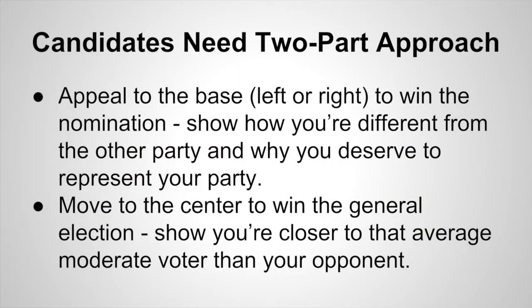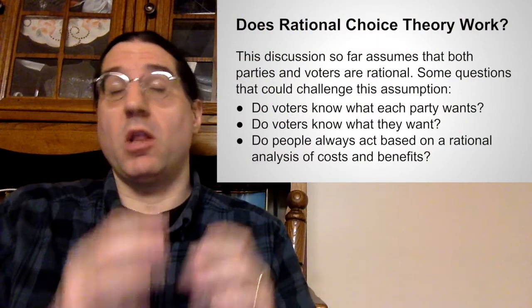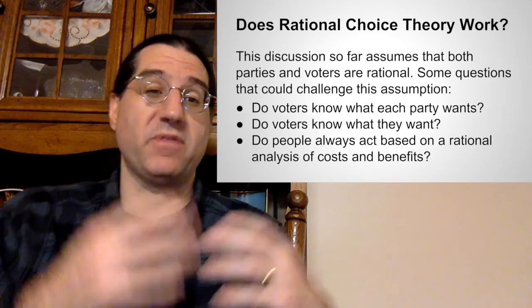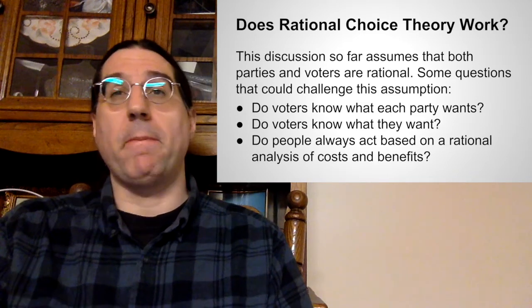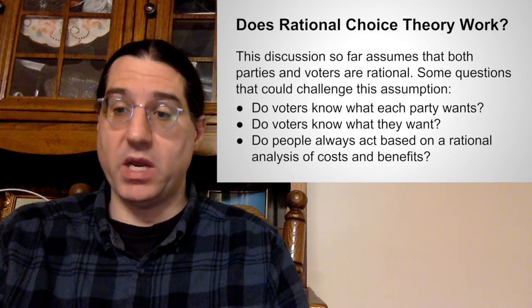Okay. Now, having said all of this, like I've said, a lot of political scientists apply rational choice theory. A lot of psychologists and other social scientists apply rational choice theory. But not everybody does, and not everybody fully buys into it.